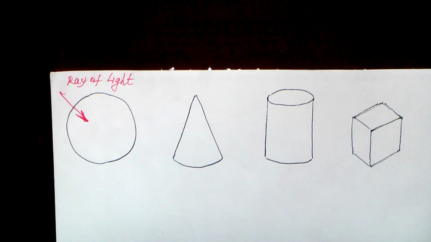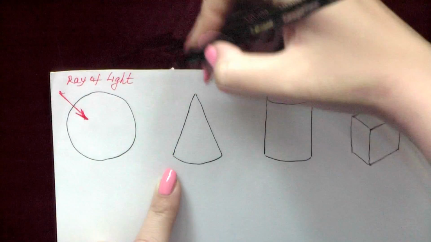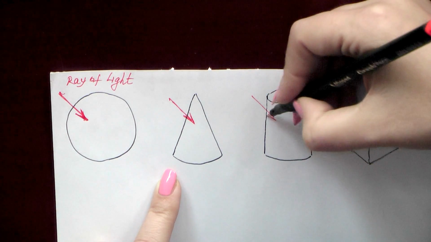When I start to work on every coloring page, I just imagine where the source of the light will be. And here my rays of light will be like this, like this.